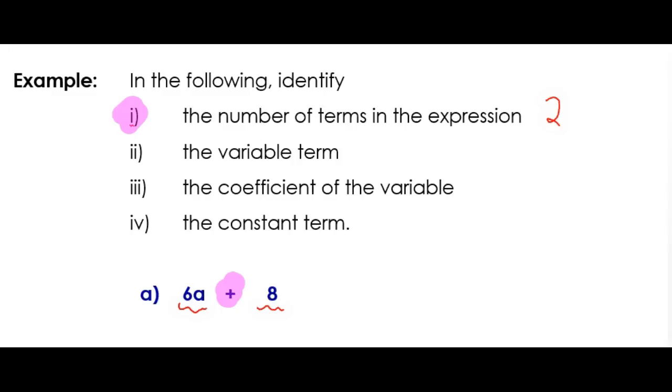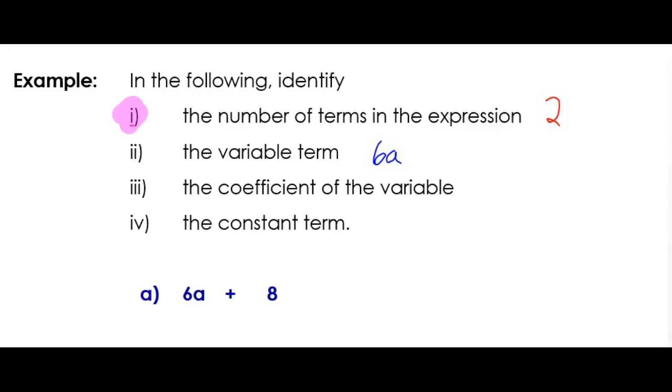The variable term. All right, so the variable term in this case, remember, is the term that has the letter or the symbol. And in this case, the variable is a, and so the variable term is 6a. Now, the coefficient of the variable happens to be the value that the variable is being multiplied by.